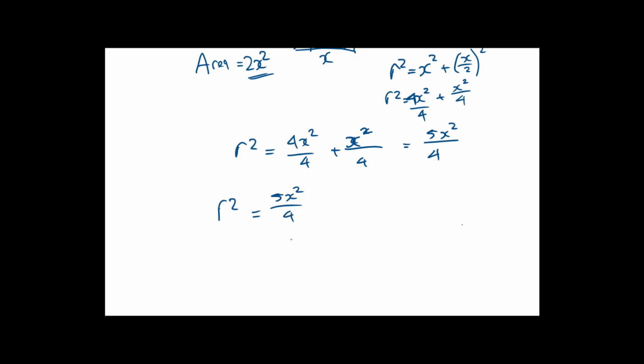So let's multiply both sides by 4. So 4r squared equals 5x squared. And then we want to divide both sides by 5, and it's going to give us x squared.